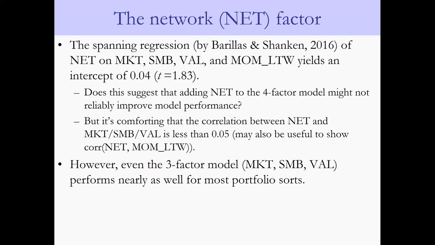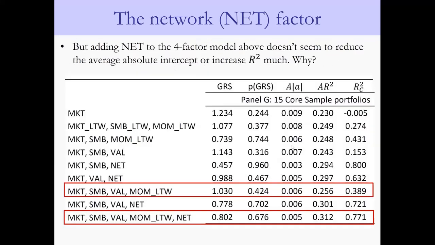the 3-factor model already performs really well. So if you look at the core sample, right, these are the large cap cryptos in general, you see that the 3-factor model here already has a very low average alpha, already has a small GRS statistic. And also, if you look at the 4 sample, let me go back to 4 sample.